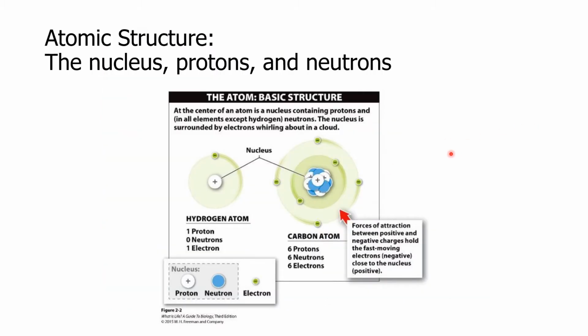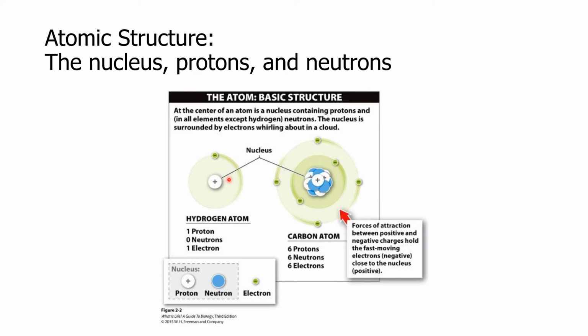Now, all of these elements like iodine, hydrogen, carbon, nitrogen, etc., as I said, are made up of atoms, and an atom is the smallest unit of an element. Atoms are made up of those three particles: protons, neutrons, and electrons.